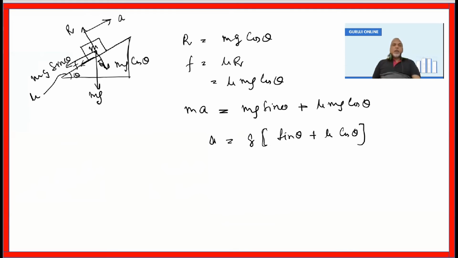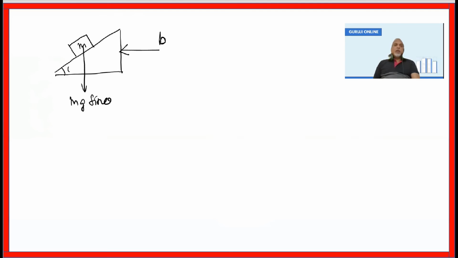Now let us take one more example where this inclined plane is moving. Suppose this is moving with acceleration b in this direction, and this surface is suppose smooth.